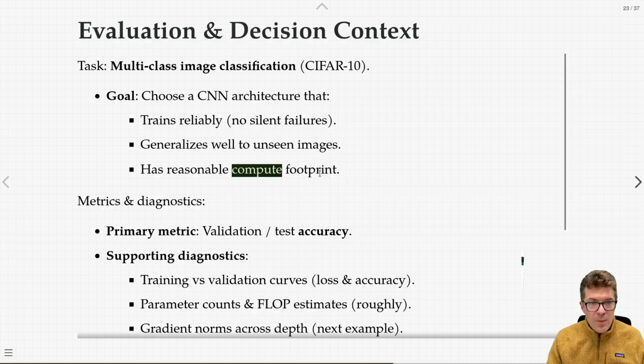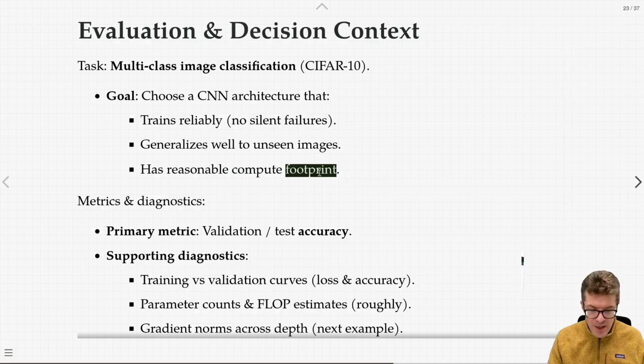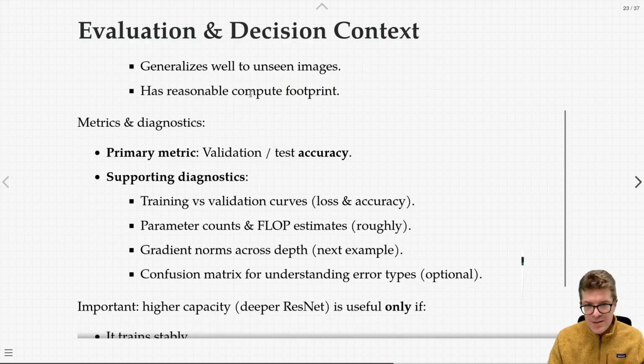Also, having a reasonable compute footprint. To be honest, I'm complaining about the compute, but it wasn't that bad. When I'm making these slides, I have to recompile them constantly, so for the purposes of the slides I needed to keep things constrained. But if you have all the time in the world and you're not constantly recompiling slides, go ahead and do the deeper experiments. And this is a reasonable computational footprint.